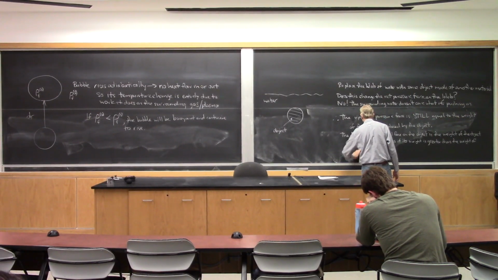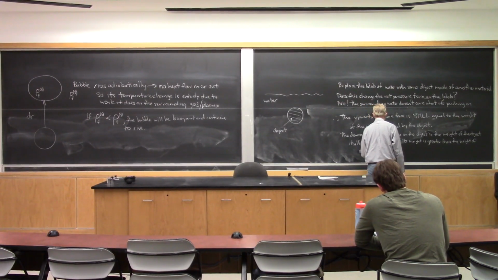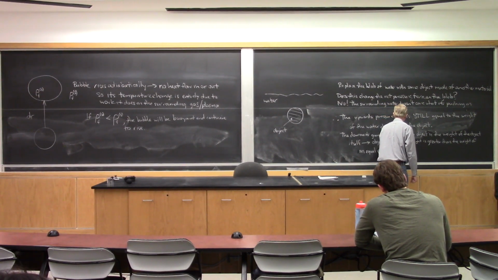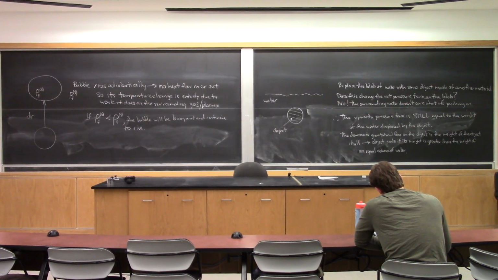Because that's how much water it's displaced. An equal volume of water. We could say of the water it displaced, but more relevantly, if its weight is greater than the weight of an equal volume of water. And of course it'll float, it's buoyant, if it's the vice versa.